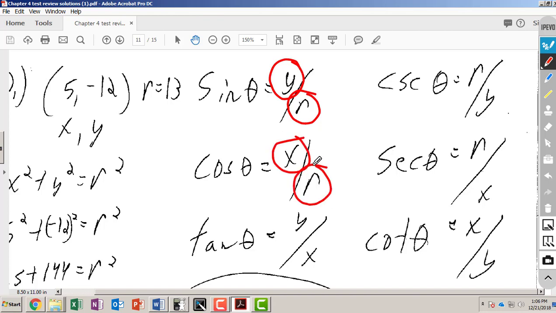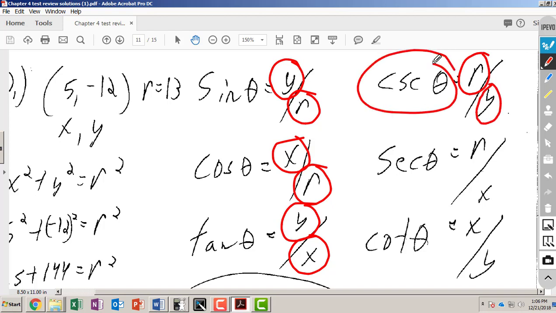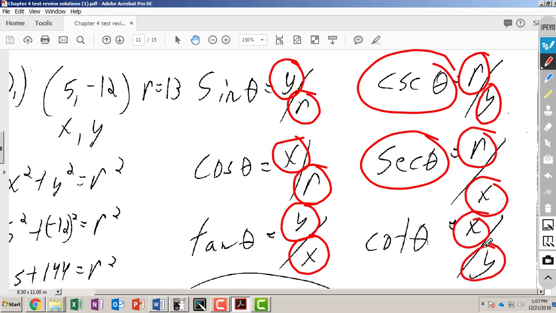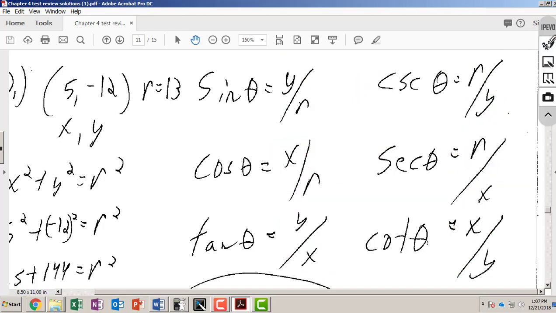The tangent is your y-coordinate divided by the x-coordinate. And then, of course, here are the reciprocals. This is just r over y for the cosecant, the secant would be r over x, and the cotangent would be x over y. So in coordinate form, that's what SOHCAHTOA actually comes out to be.